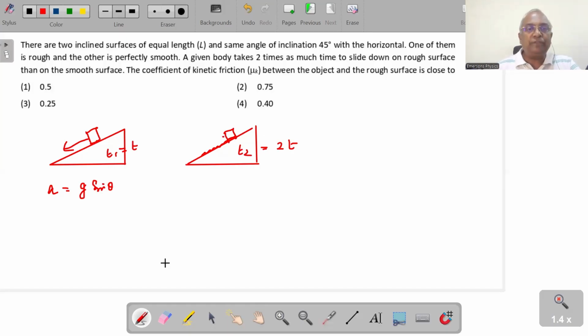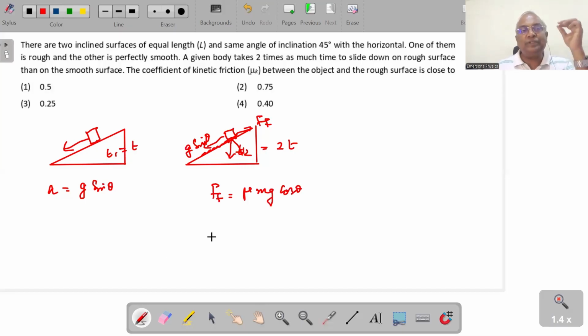Here the downward acceleration is g sine theta, no change there. There is a frictional force which acts upwards. Here this is mg, this is mg cos theta, so the frictional force is mu into mg cos theta.